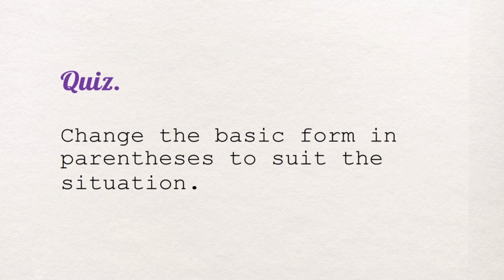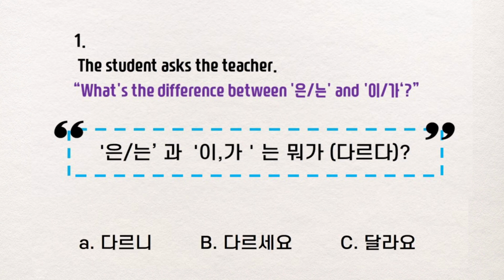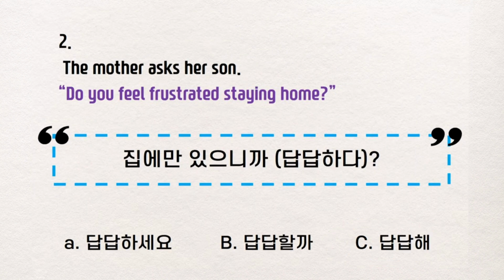Let's briefly review what we've learned. The simple quiz. So change the basic form in the parentheses to suit the situations. So, number 1. The student asked the teacher, what's the difference between 은는 and 이가? The mother asked her son, do you feel frustrated staying home?